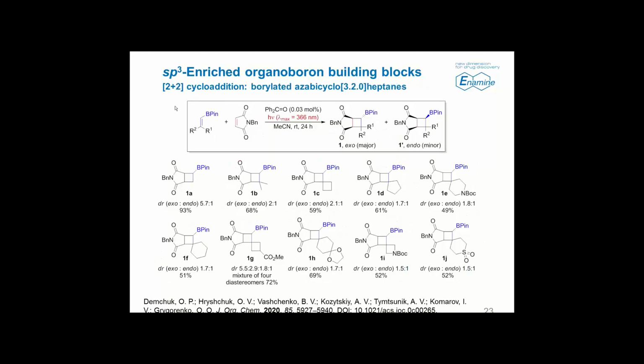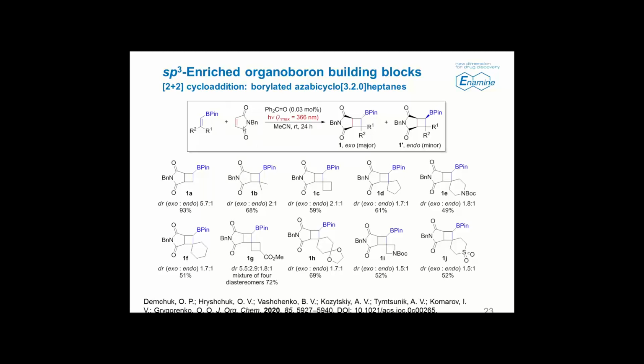And then we have switched to 2+2 cycloaddition, and it was found that the corresponding bicyclic systems can be easily obtained by the reaction of Enamine maleimide with the corresponding alkenyl boropinacolates.